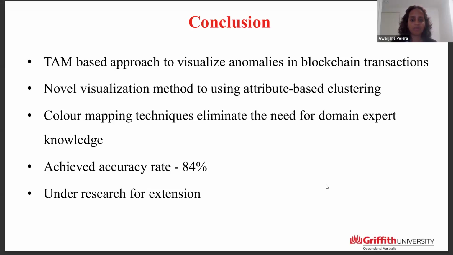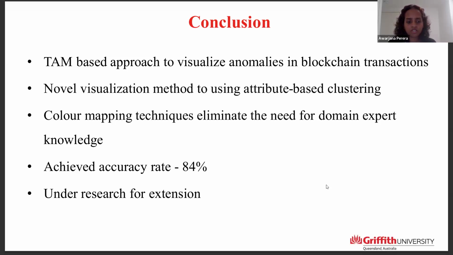And this color mapping technique helps us to understand the graph easily. So without expert knowledge on graphs and blockchain data, we can clearly identify the anomalies in a set of data just by looking at the graph and its color shades.